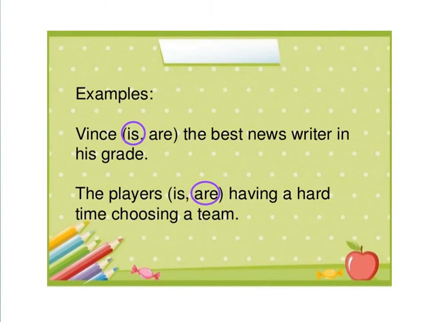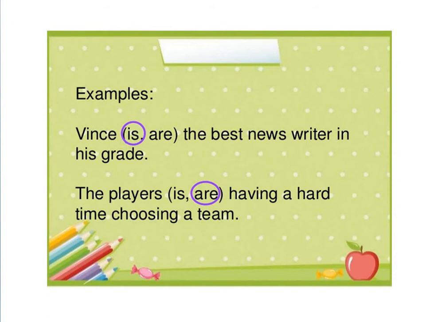Next example is, Vince is the best news writer in his grade. Vince is the name of a person, and the options are is and are. If you are not aware, there are many sentences where we cannot tell whether a name refers to a place or something else. In Europe, people have different names, and we may not know what Vince is.